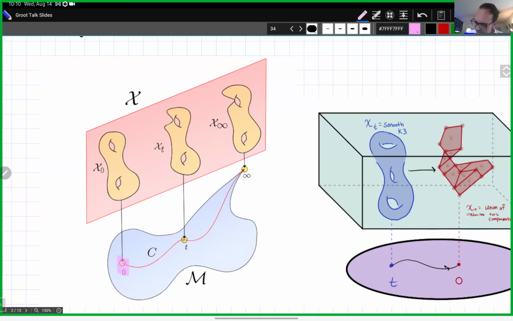And if I take a one parameter family, so a curve in the moduli space, I should get a family of surfaces, which I'm calling X here, such that as I go through the family, as I progress from 0 to t to what I'm calling infinity, the surfaces deform in some way, and then at the limit, at infinity, I get some kind of singular surface. And what you're supposed to imagine in this example is taking a homology cycle around that bit of genus in the two-hole torus and collapsing that cycle down to a point in this case.